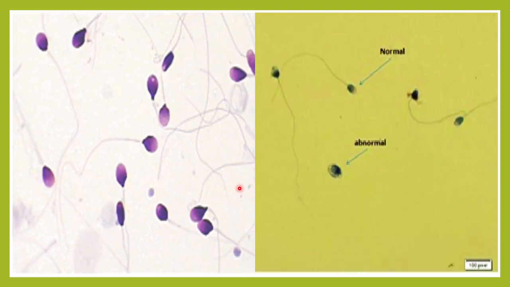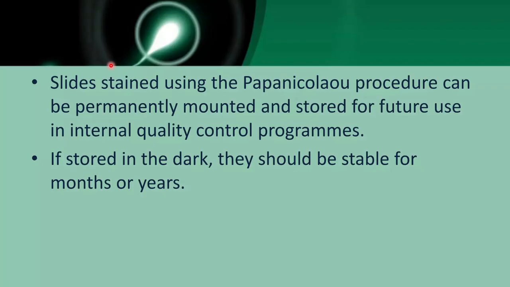So this is a slide where you can see it is stained, and we can also use the Papanicolaou stain. Papanicolaou stained slides can be stored for months and years if they are mounted, and if we store them in a dark place, they remain stable for months and years.